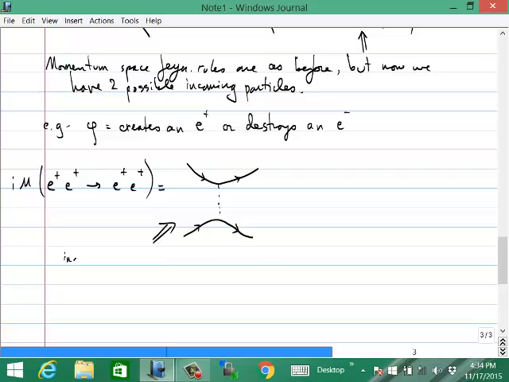The ingoing arrows are the things that tell us that we have incoming positrons. And these outgoing arrows denote the fact that we have outgoing positrons. The arrow points in the direction of charge flow. Here we have a contribution to the scattering of two positrons off of each other via the interchange of one of these chi particles.